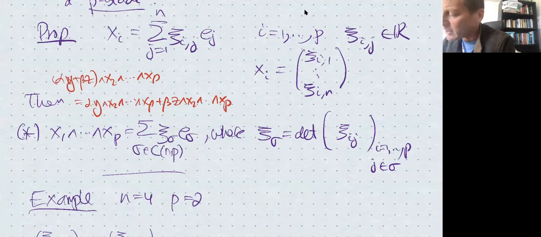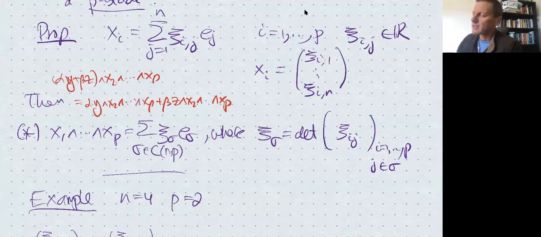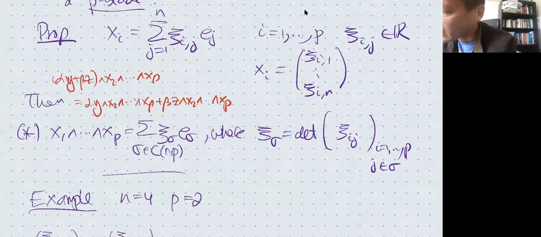Now, what's happening on the right-hand side? You're changing this determinant in one row, the ith row. And the determinant is also a multilinear expression. So both the left-hand side and the right-hand side transform in exactly the same way when we perform such linear combinations in each of the xi's.